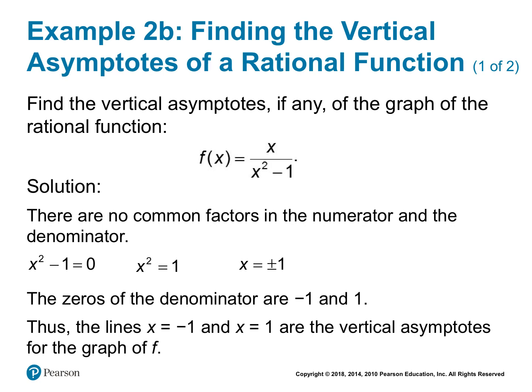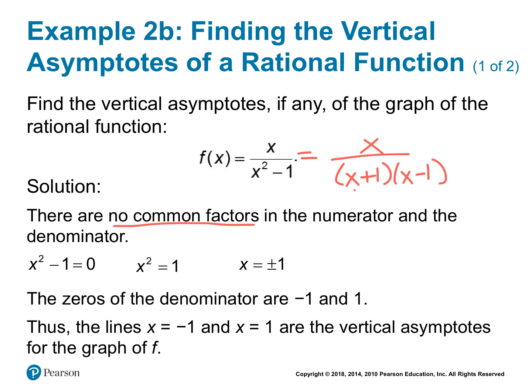Okay, if we try this one, let's go ahead and factor the bottom. We'd get x plus 1 times x minus 1. And the top is x. There are no common factors in the numerator and the denominator, so there's nothing we can simplify.